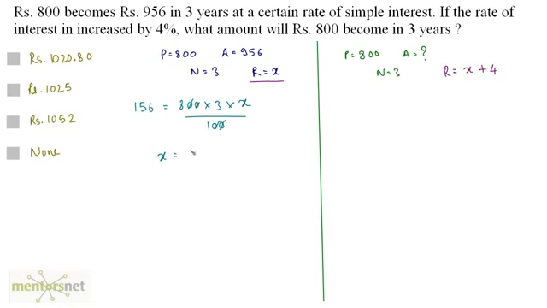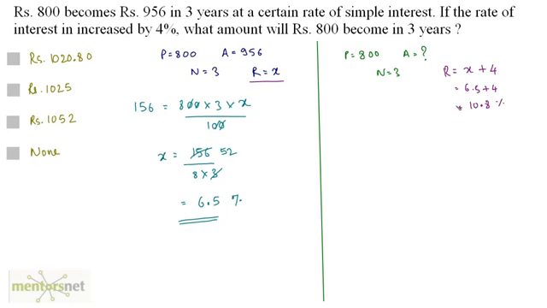X is equal to 156 by 8 times 3. 3 times 5 is 15. 3 times 2 is 6. So 52 by 8, and that is 6.5%. So we have found out the rate of interest. So the new rate of interest will be equal to 6.5 plus 4, and that's 10.5%.